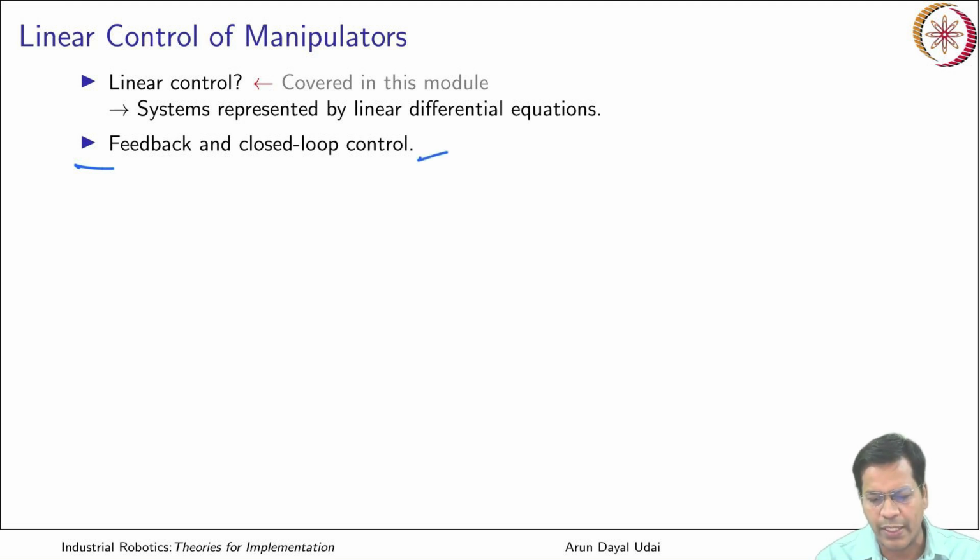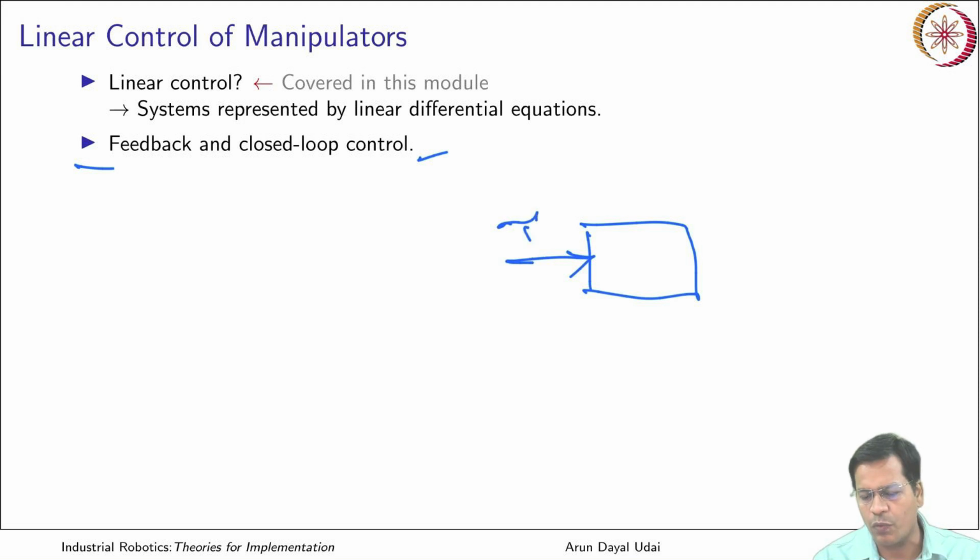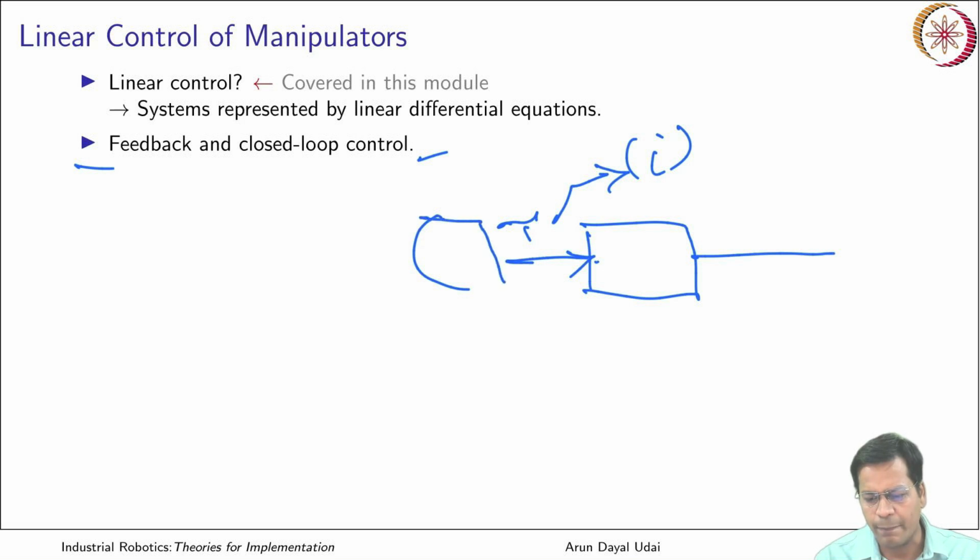So how does it look again? Let us say you have a robot, and that is commanded by some kind of torque over here. Torque, basically we don't command directly by torque, we command by current, let us say, that goes to the motors of the robot. So it gives you some kind of output, and this current is fed by a type of power amplifier.